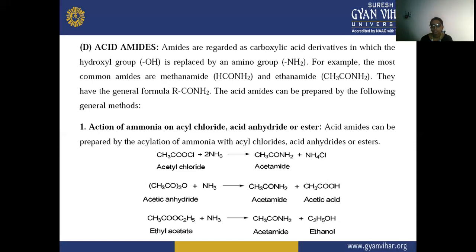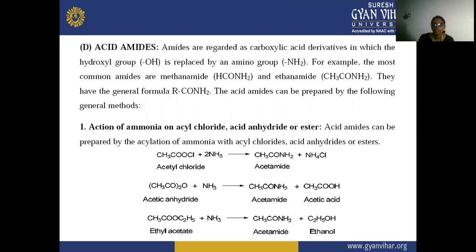Because there are two carbon atoms, its name is acetyl chloride, plus 2NH3, meaning we have taken two molecules of ammonia. When they react, there is a formation of acetamide plus NH4Cl, ammonium chloride.